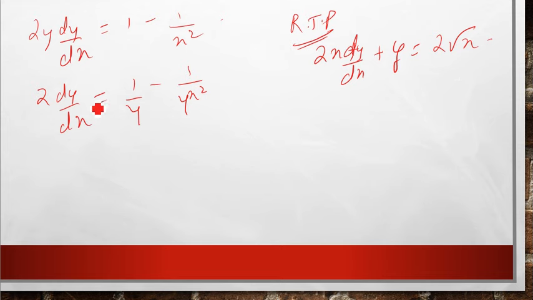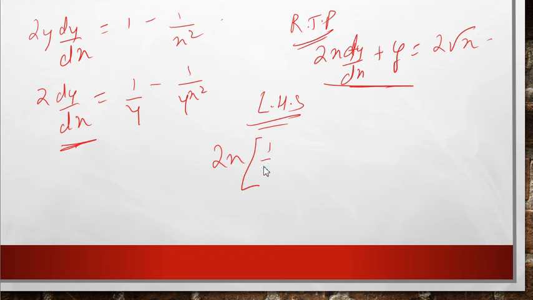So what we need to do is, instead of dy by dx, we put this value of dy by dx here on the left-hand side: 2x into 1 by 2 bracket 1 by y minus 1 by y x square.